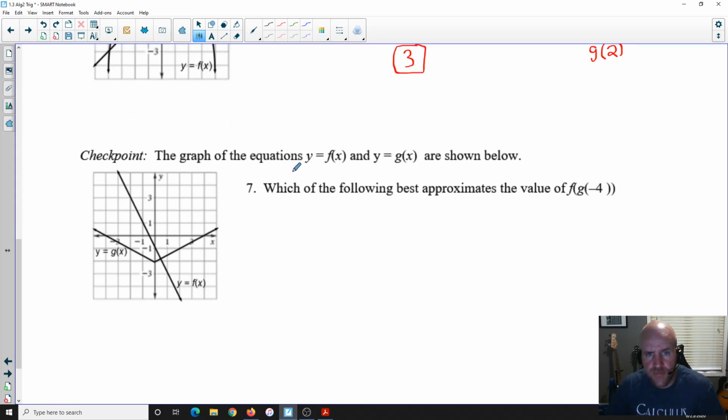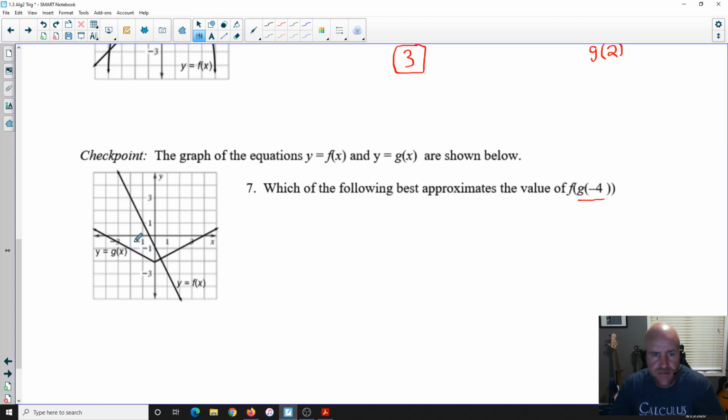All right, the graphs of the equations f and g are shown, just like the one above, and then you had one to do where you're looking for an approximation. So g of -4: g is this V shape, which later on we'll talk about is an absolute value function.